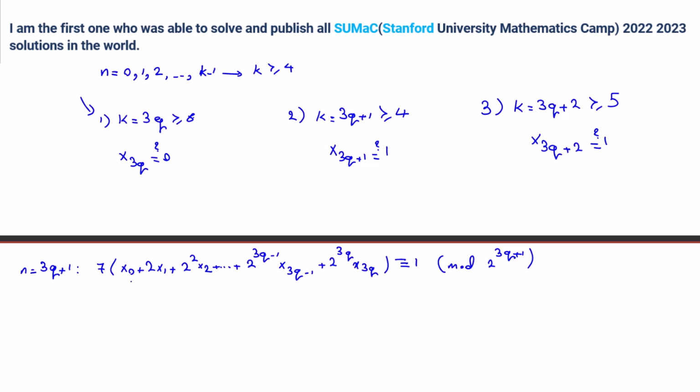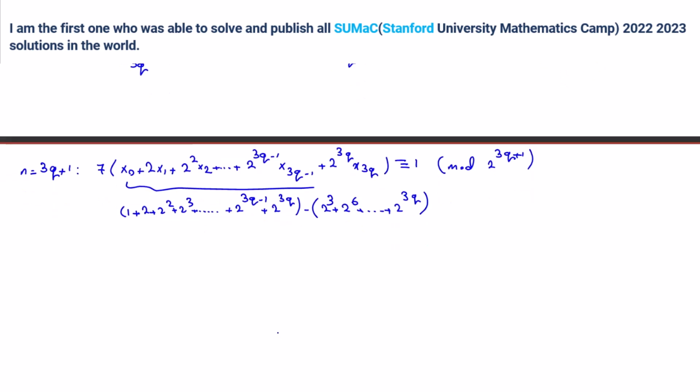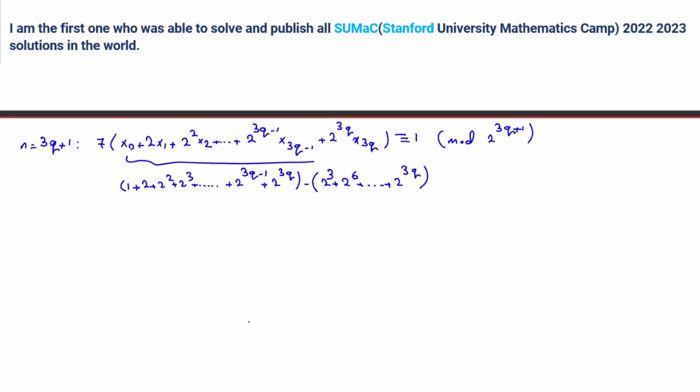Okay, so if we consider this part, we can write it as 1 plus 2 plus 2 squared plus 2 cubed, up to 2 to the 3q minus 1, 2 to the 3q. Let's write all of them. Then minus, we don't have 2 to the 3q minus 1 terms of 2 to the 6, to 2 to the 3q, agreed? Can you tell me 1 plus r to the m is what?